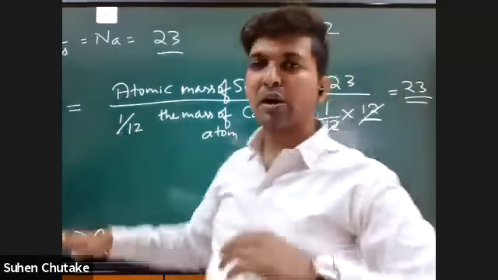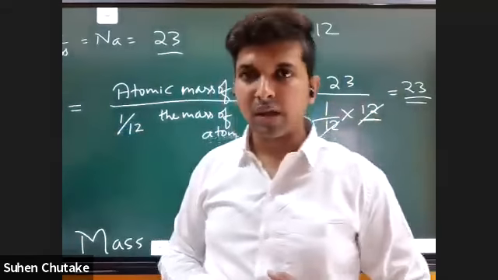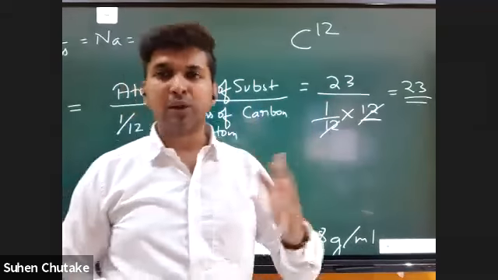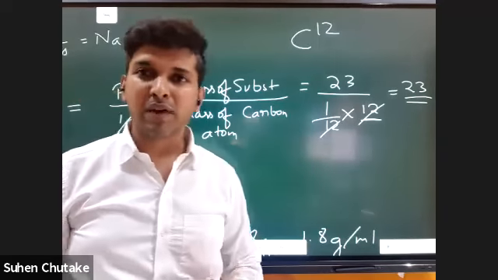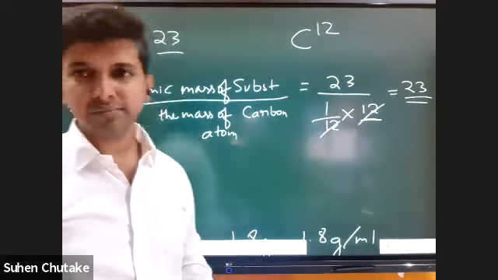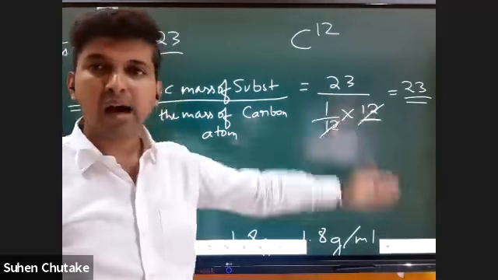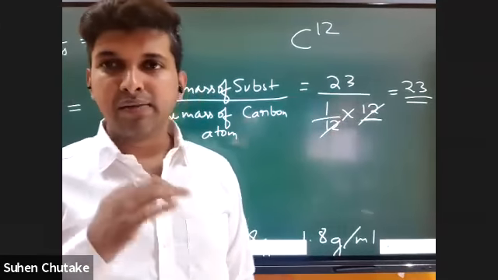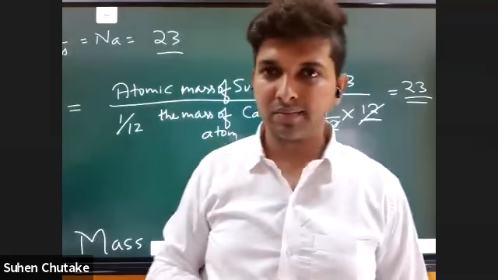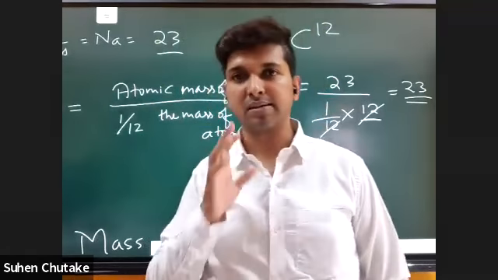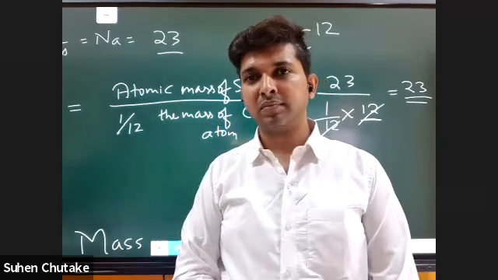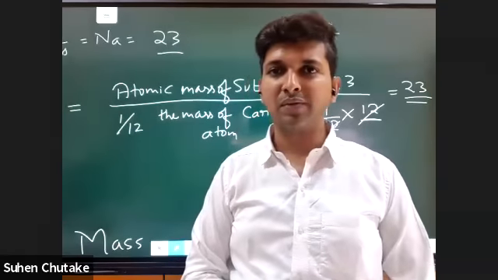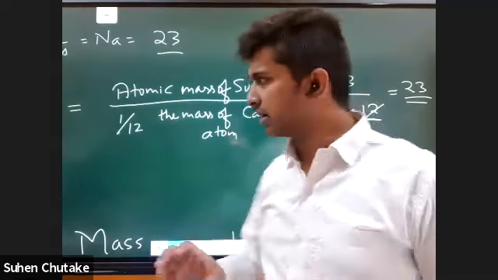Earlier it was not in consideration to 1/12 the mass of carbon atom. Now it is in relation with 1/12 the mass of carbon atom. Hence it is called RAM, relative atomic mass. Is it making sense? Very good.